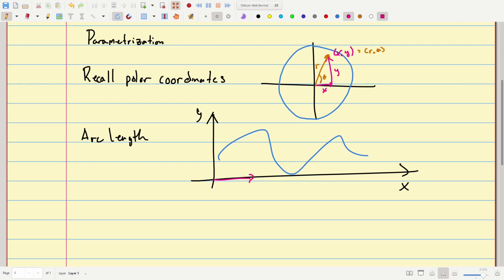And we're moving this way in the x direction, and my value up here changes based on what the curve is doing, right? But another way that I can think about moving along this is by following along the curve itself. Okay, that would be another coordinate system that I could choose in order to look at what is going on here. All right, and that might make the calculus easier to do if we're in that environment.